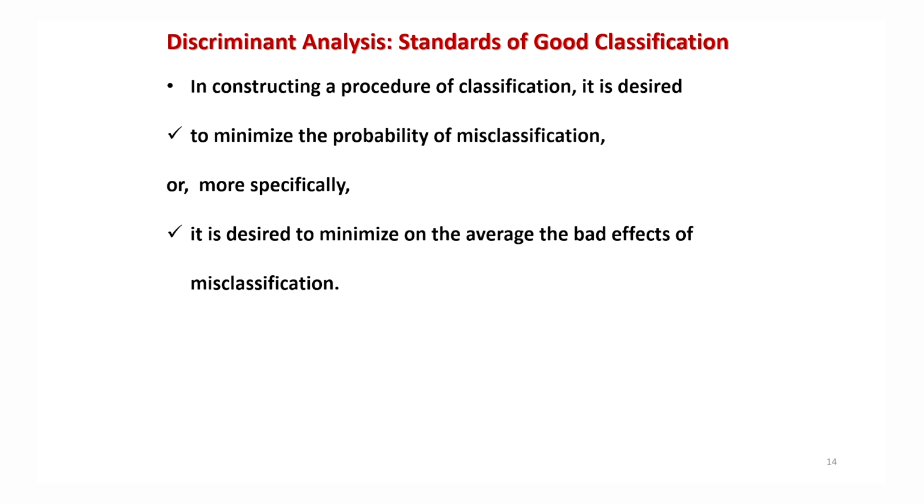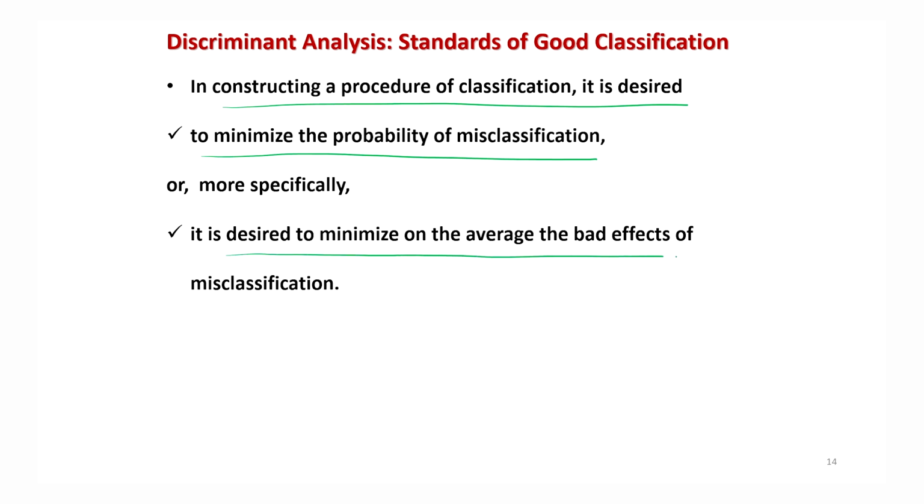Now in constructing a procedure for classification, it is desired to minimize the probability of misclassification, or more specifically, to minimize on average the bad effects of misclassification. And we want to maximize the probability of classification.